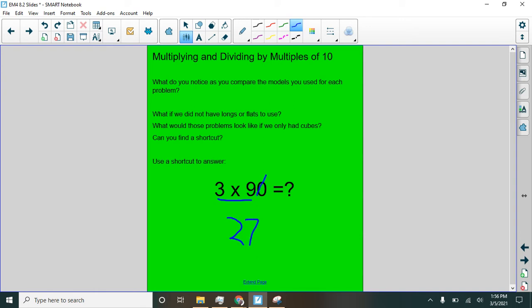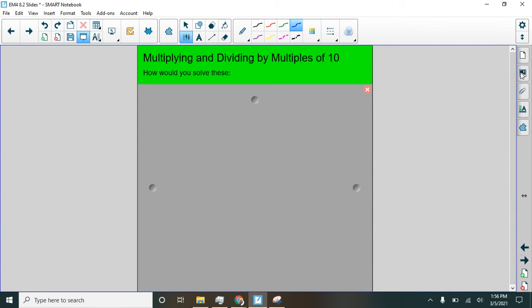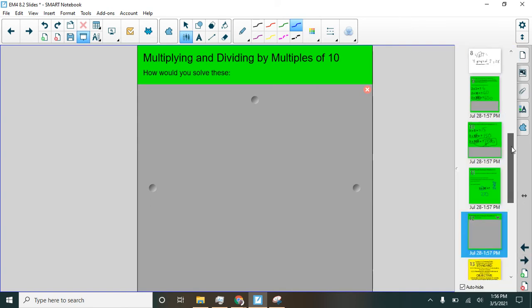And now this 0 that's here, we need to move there. 270. 3 groups of 90, right? That's the same as 90 plus 90 plus 90, but it's a whole lot faster to just use multiplication, right? That's the goal here today, which I think is on this next screen.